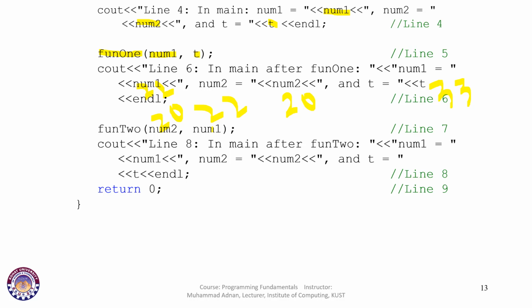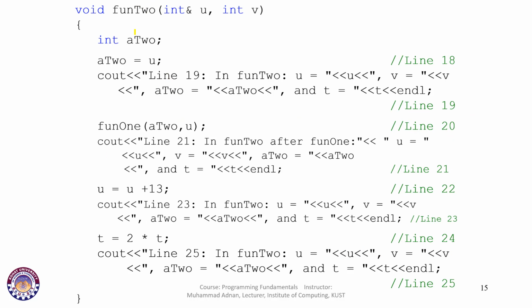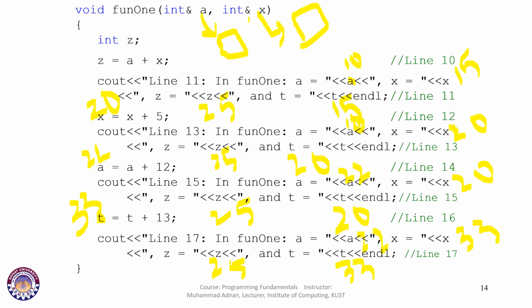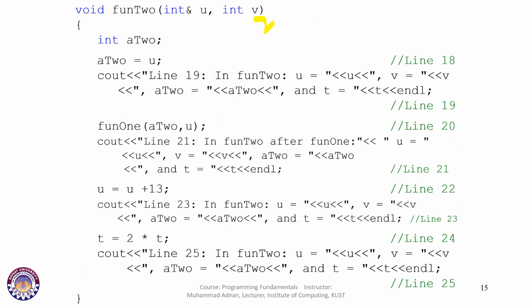So similarly we execute function 2. Here we will get the address of num2 in u variable and a copy of num1 in v variable. So what is num1? Num1 is 22. So we get 22 here, whereas you will have an address of num2.